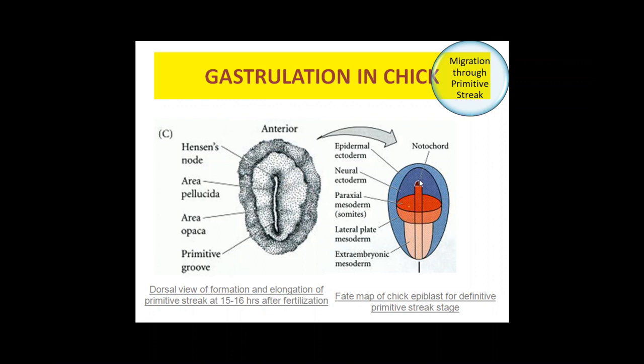Notochord precursors enter the embryo through Hensen's node. The somite precursors enter through the anterior part of primitive streak. From the middle region of primitive streak, lateral plate mesoderm cells enter, and from the posterior region of primitive streak, the cells which will form extraembryonic mesoderm enter the embryo.